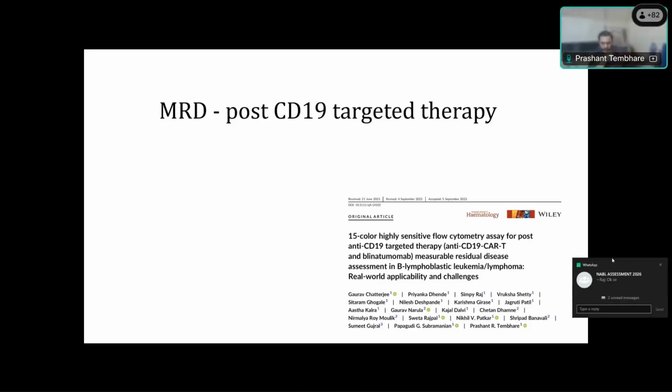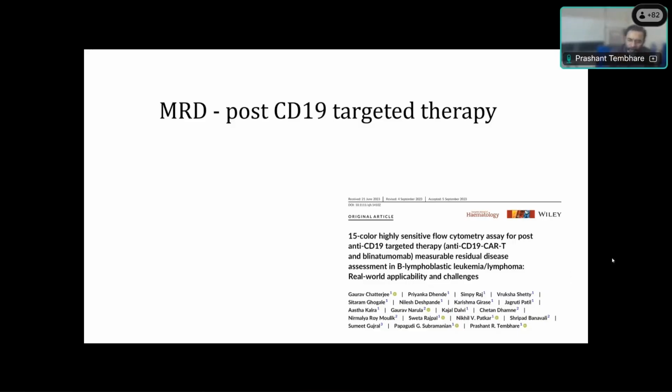Okay, so usually it depends on how comfortable you are at identifying the abnormal cells in the background of other cells. That terminology is called the limit of detection.